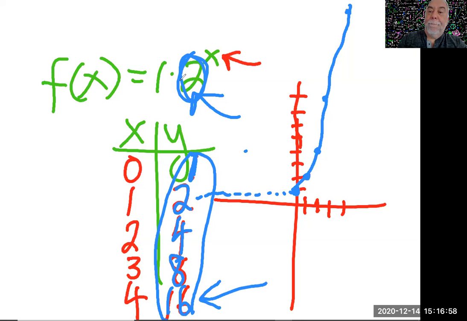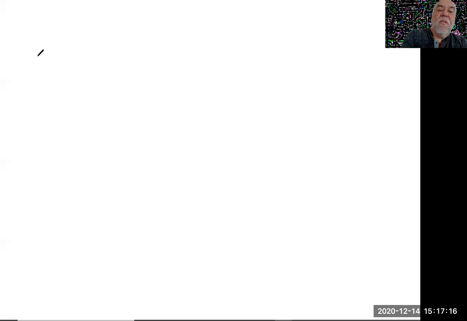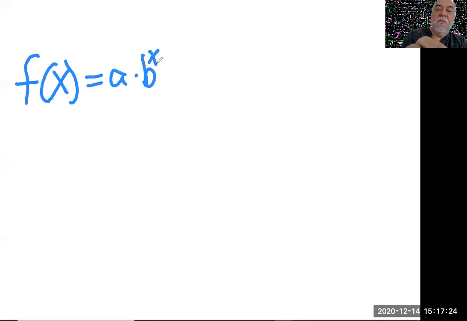Okay? Now we're going to look at another example. We're going to have the y-intercept of 1 again. A is equal to 1. The equation is a times b to the x. We're going to make this 1 again. The y-intercept or starting value is 1. Okay, but this time we're going to make b 1/2.